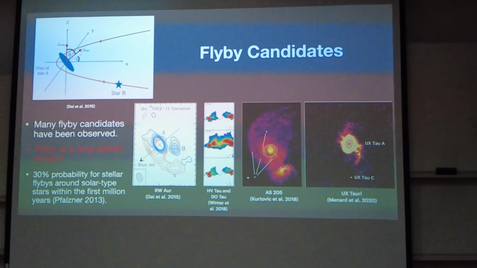These are candidates because it's really unclear if these are actually unbound companions or if they're bound, but just very long, eccentric binaries. The work I'm doing, looking at the disk dynamics, can hopefully disentangle these two. Let's go to the next slide.